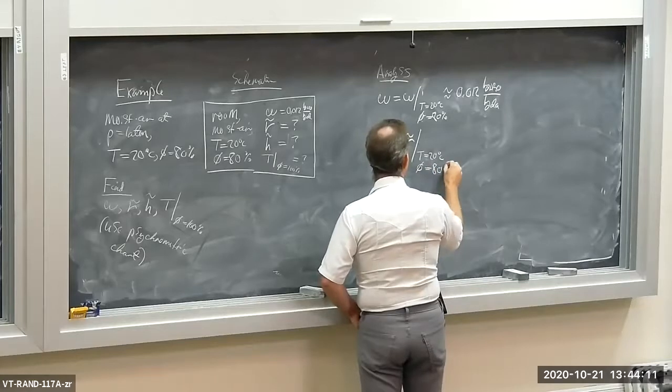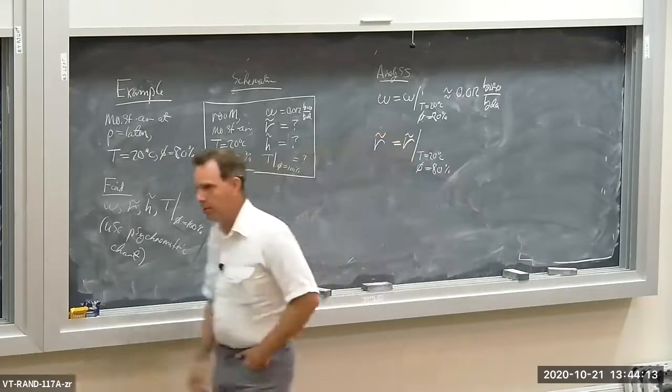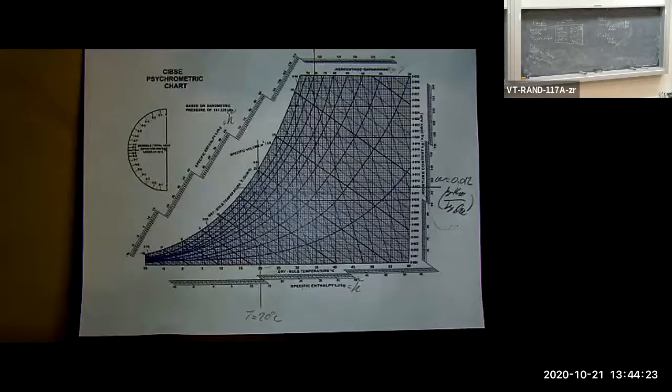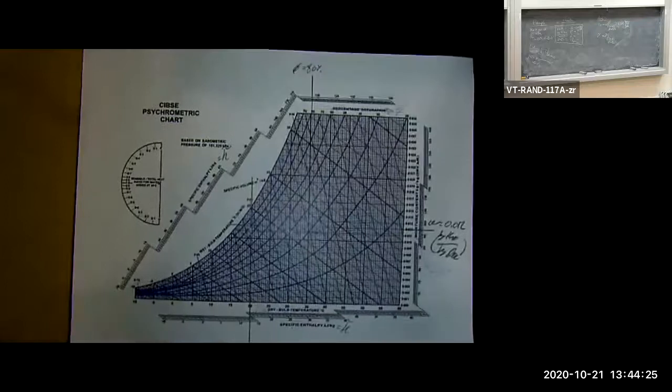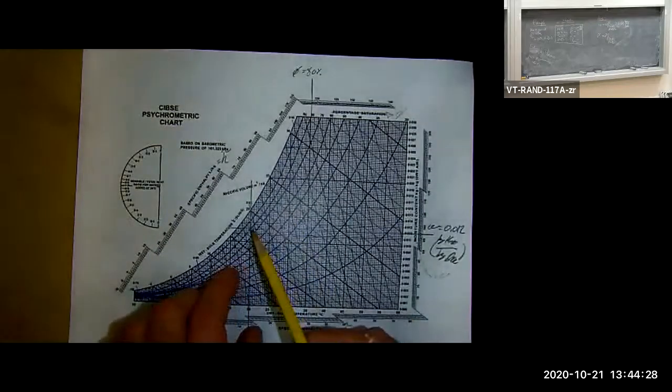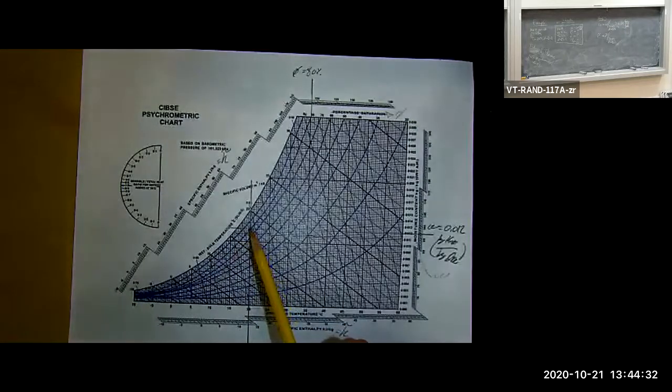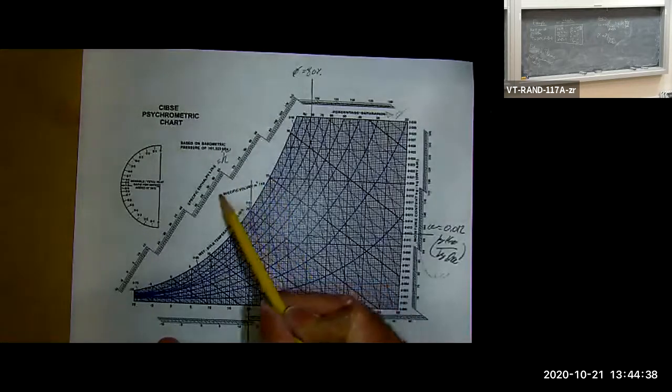Let's go back to the psychrometric chart and have a look, see if we can find our specific volume, V tilde. Okay, so this is our state right here. We know that's our state, the intersection of the 80% and the 20 degrees C. Now, you can see here, it says specific volume right here.